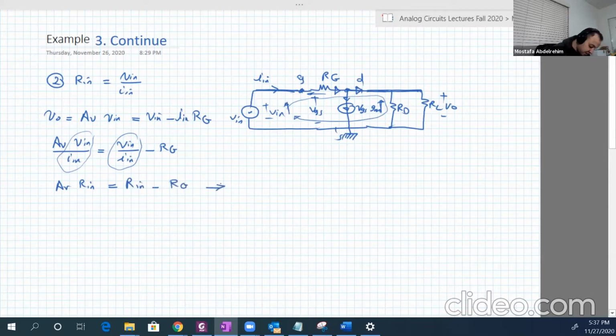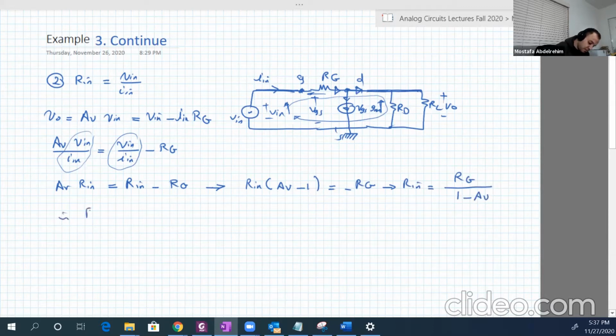So from that, our input: AV R input minus R input equals minus RG. So our input equals RG over 1 minus AV.